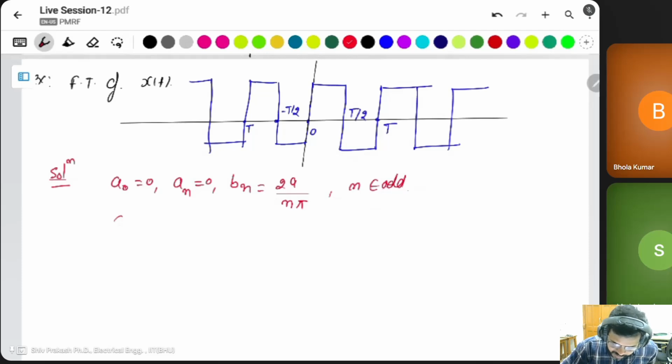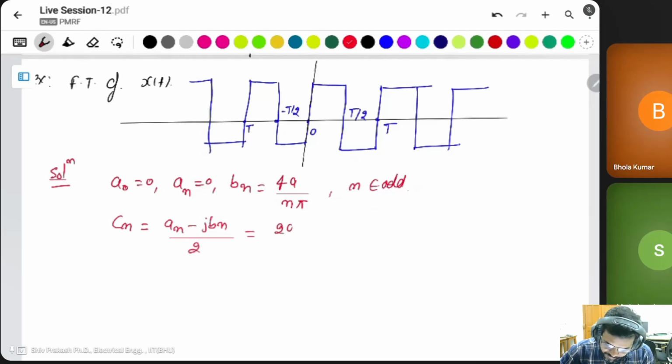So how can we write it as Cn? Cn is a_n minus j b_n divided by 2. Oh, not 2, this is 4A for n an odd integer.